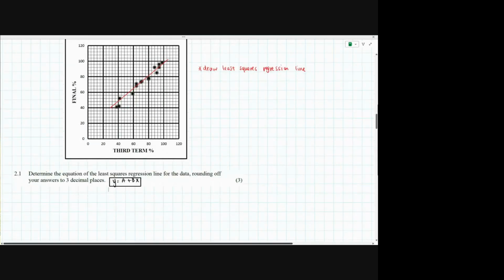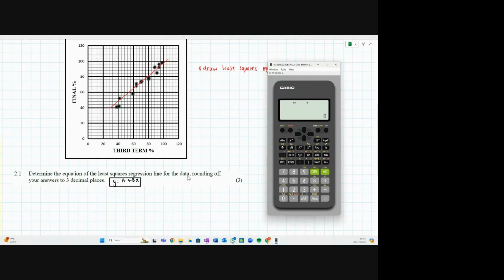However, we go shift 1 to stat, and now we're going to option 5, regression. We're talking about the least squares regression line. So we click 5. And I want A and B. Doesn't matter what you start with, so I'm going to start with A. So A is 9.035. Remember, it's set to 3 decimal places.